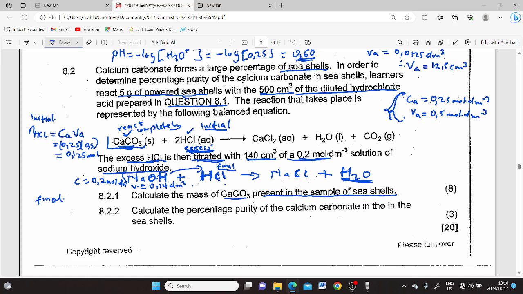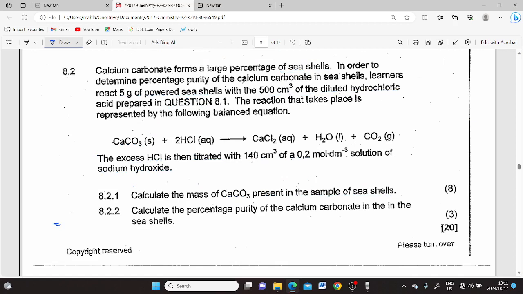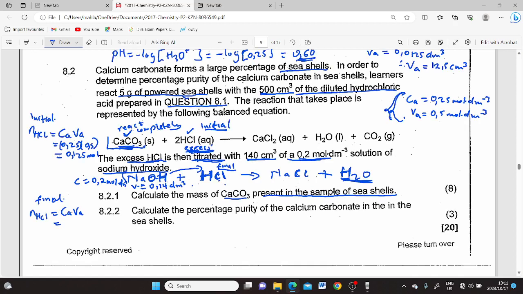So we're going to have the number of moles of HCl equal to the concentration of the acid HCl multiplied by the volume of the HCl. Here it is, calculate the concentration of the, sorry, for this one it should be for the base.